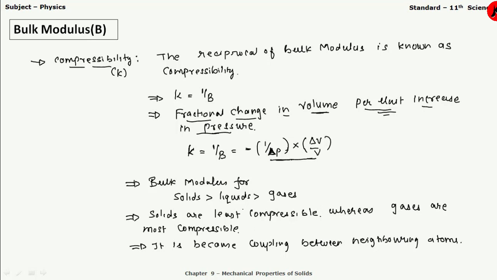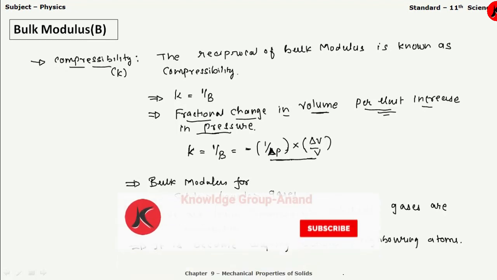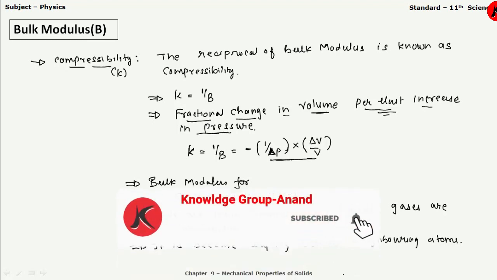In case of solid, there is a tight coupling between neighboring atoms, and in case of gases there is a loose coupling between neighboring atoms. So we need a small amount of force in case of gas, and we need a large amount of force, or you can say large amount of stress, for solid, right? So this is the concept of bulk modulus.